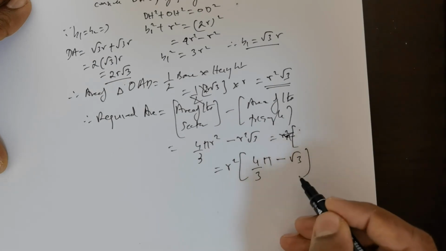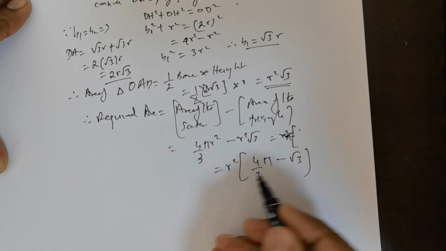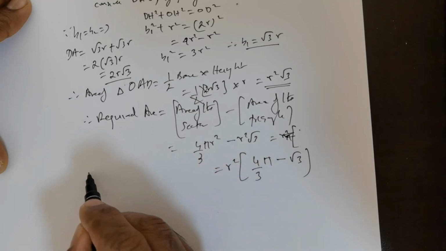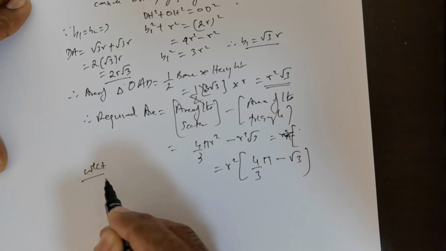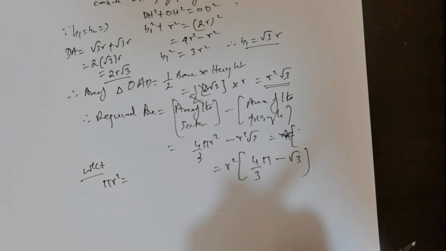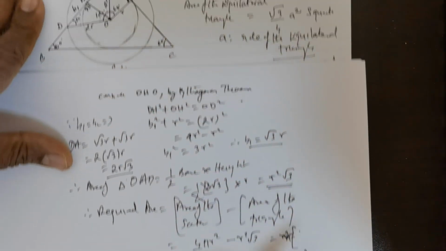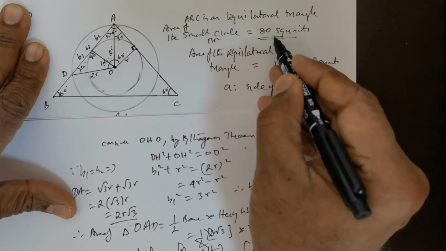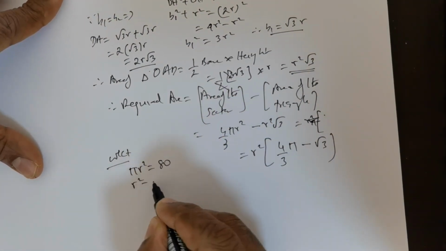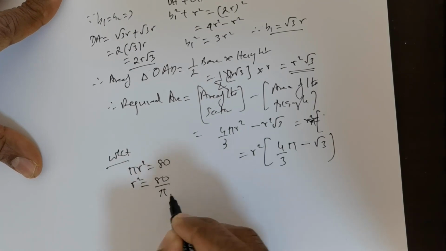Now if you want, you can simplify this, right? Because we know the area of the smaller circle, pi r squared, is equal to 80 square units. So from here, r squared is equal to 80 divided by pi.